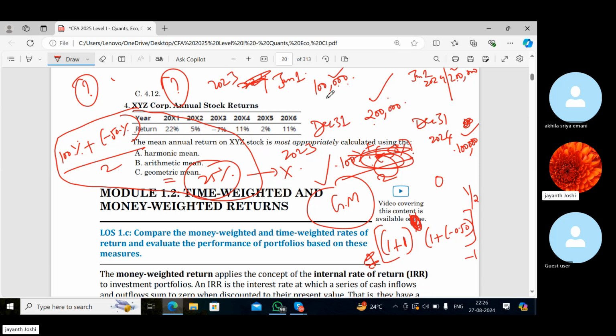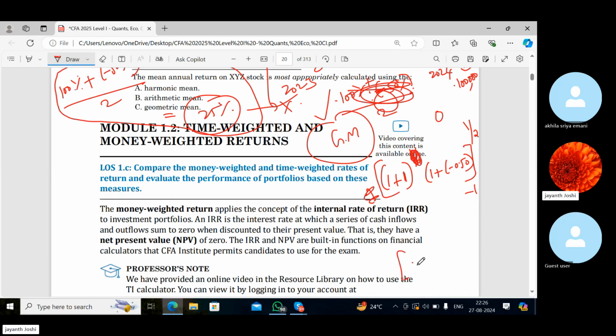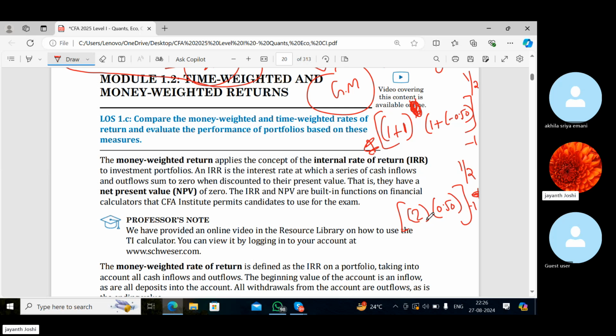Why 1 by 2? Because I am taking 2 years, from January 1st 2023 to December 31st 2024, one year and the next one year. So now you see, 2 into 0.50 whole power 1 by 2 minus 1. 2 into 0.50 is 1. 1 power 1 by 2 is 1. 1 minus 1 is 0.